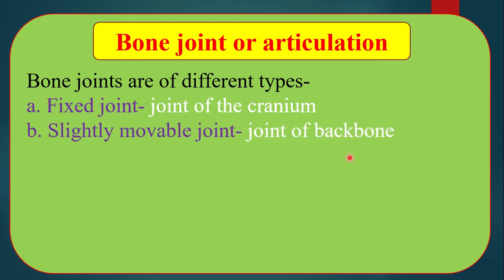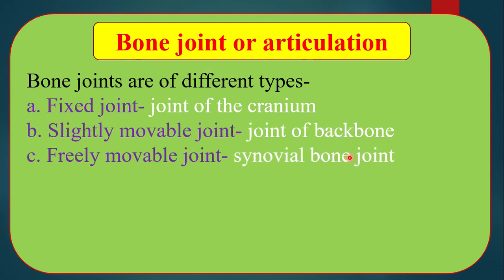Number B, slightly movable joint, the joint which can move slightly. Example, joint of the backbone. Number C, freely movable joint, synovial bone joint, that means joint of the elbow, joint of the knee, etc.